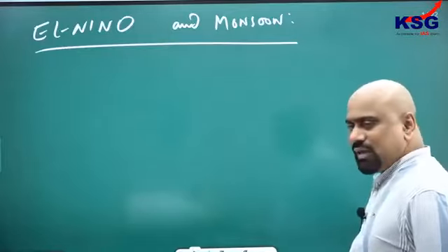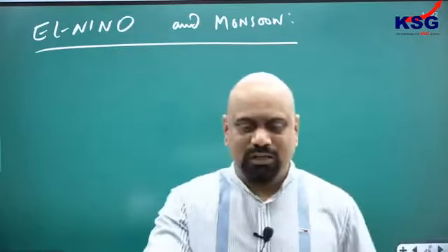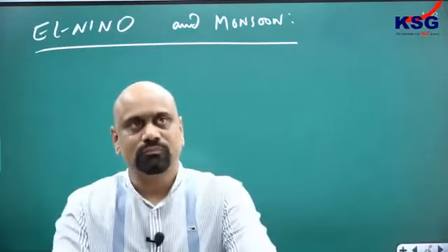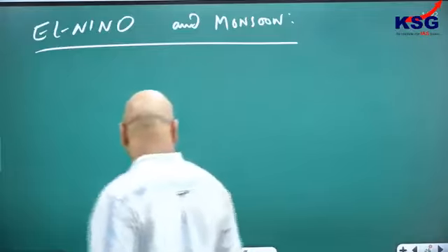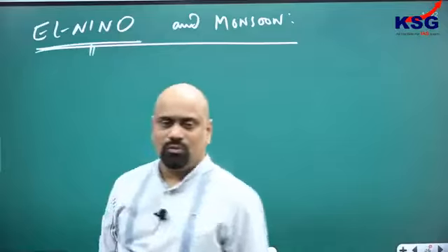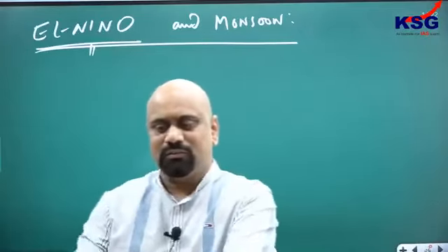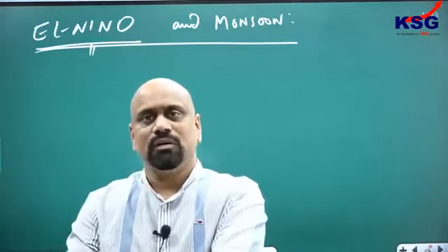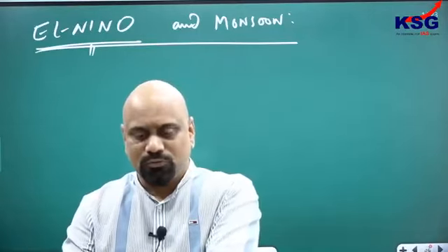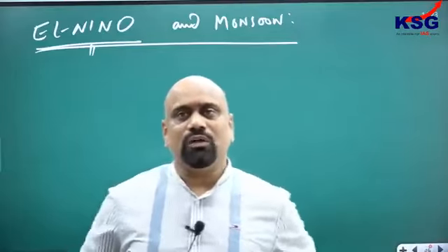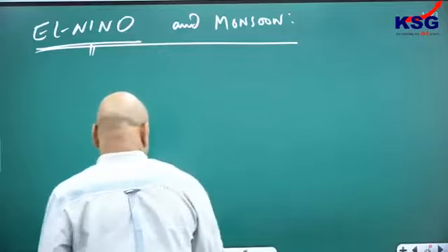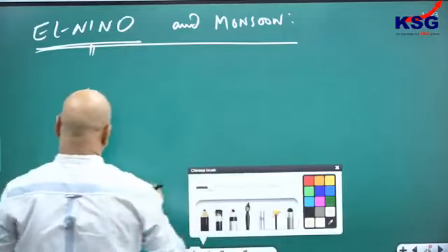El Nino and monsoon, I want to discuss now. Let us see first what is El Nino. I have already discussed to some extent. These are warm oceanic currents which flow from north to south along the Peruvian coast. I hope you remember that. Let me draw this diagram here.